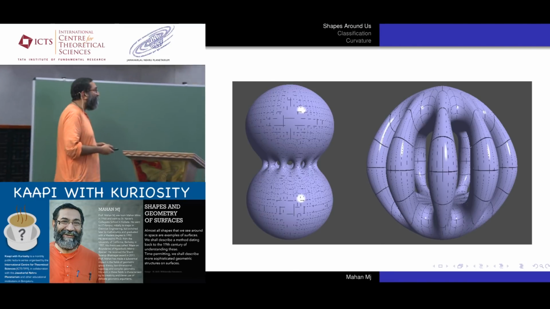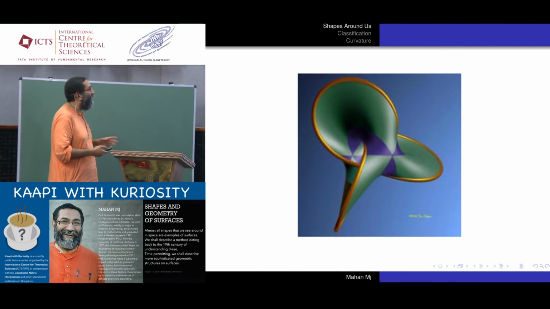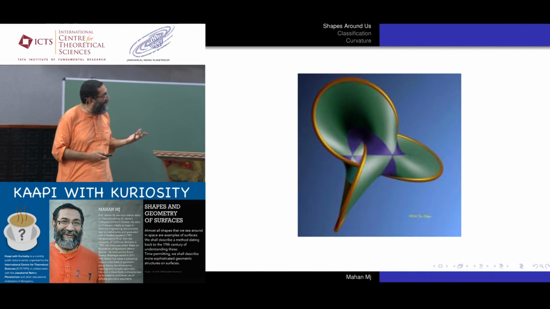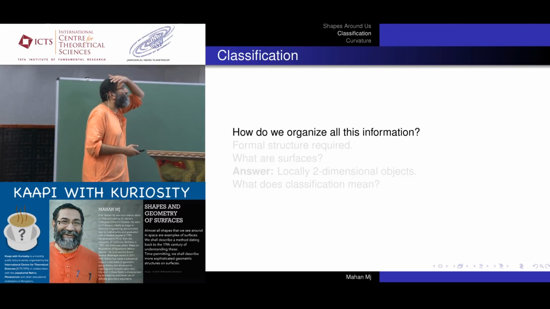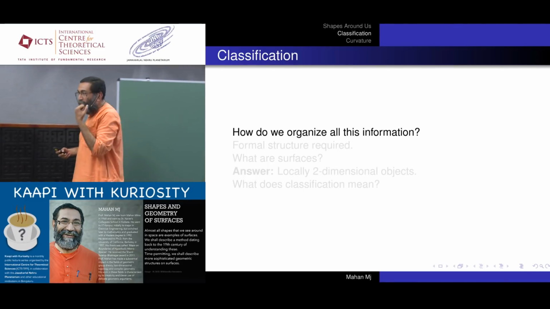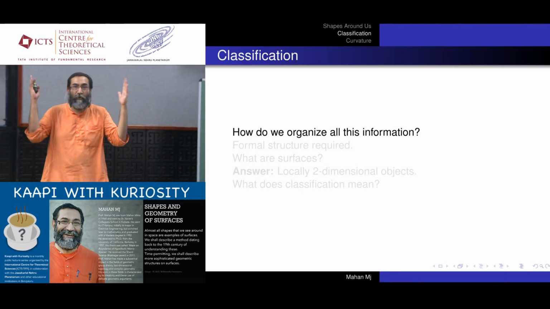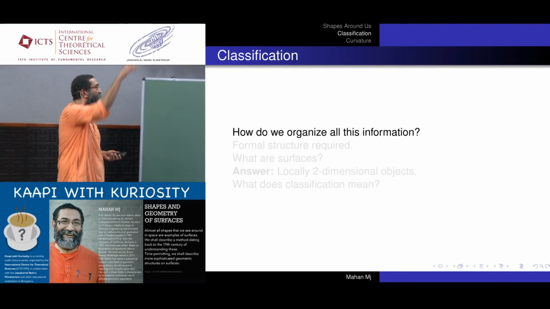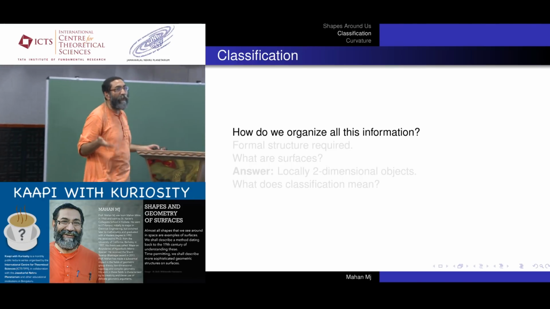Okay? And so we really have to have some kind of method of organizing this information. Now, what is the information that we have? Firstly, we'll have to narrow down, focus, and decide what information we are trying to organize.